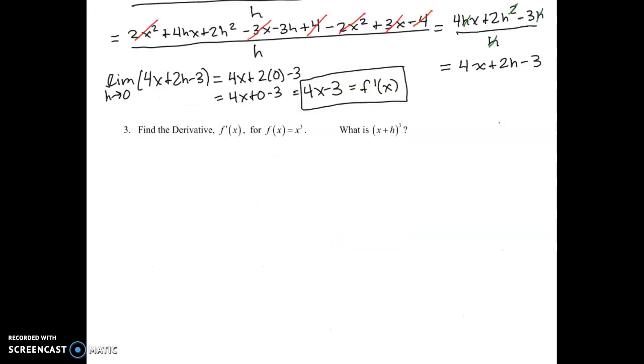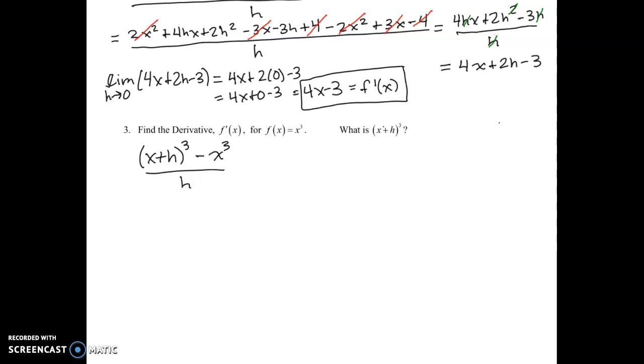Okay, so our next problem is find the derivative for f of x equals x cubed. So again, we're going to use our definition above, find our average rate of change. So we have to do x plus h cubed minus x cubed, all over h, right? Seems simple enough. However, we have to remember how do we expand x plus h cubed? So rather than writing it out, multiply times multiply times multiply, this is why we did the binomial theorem, Pascal's triangle.